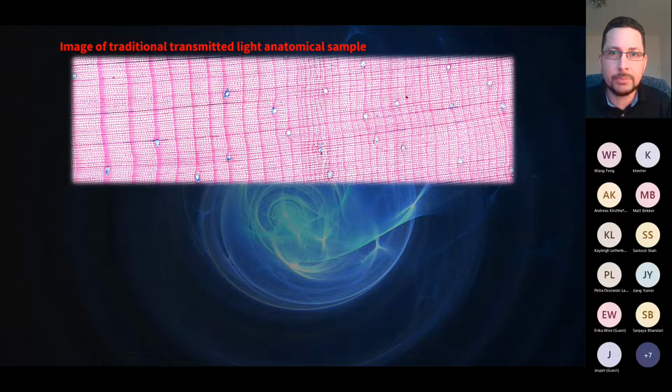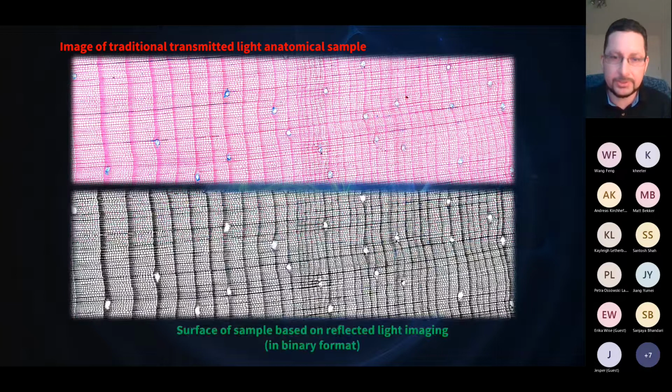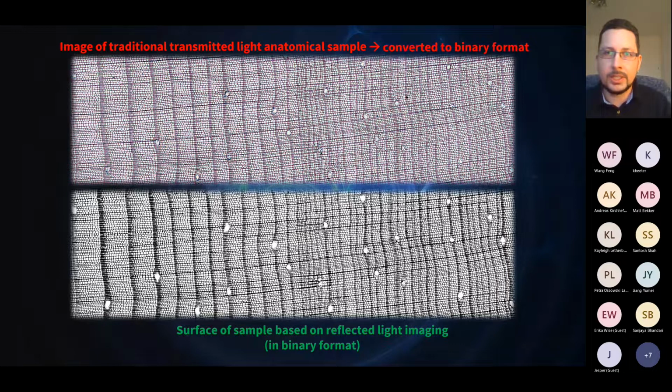So what we did was compare a binary blue surface intensity image, a reflected light image, with an anatomical transmitted light image, which is used for quantitative wood anatomy measurements. We took that and converted it to a binary format. So we have two binary versions, transmitted and reflected light, of the same sample.